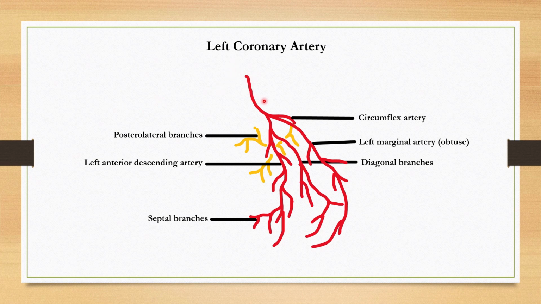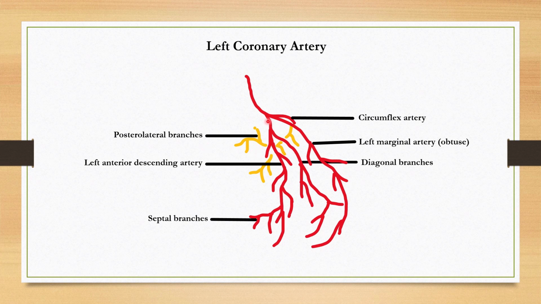Here you can see the circumflex artery. It curves around the left side of the heart, and it gives rise to the left marginal artery, which is otherwise known as the obtuse marginal artery, and sometimes to the posterolateral branches. This is all based upon the coronary dominance.